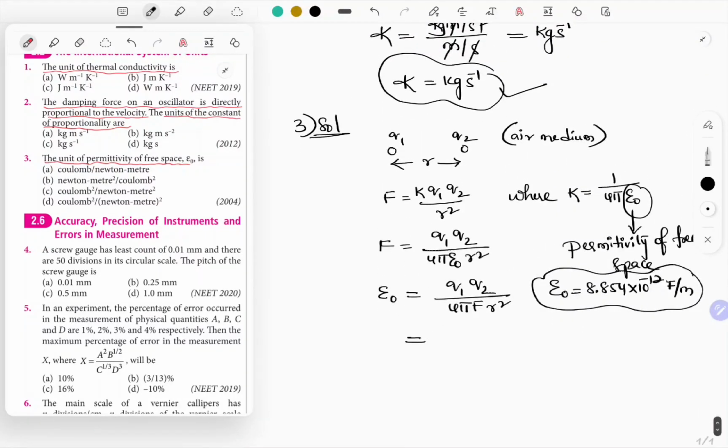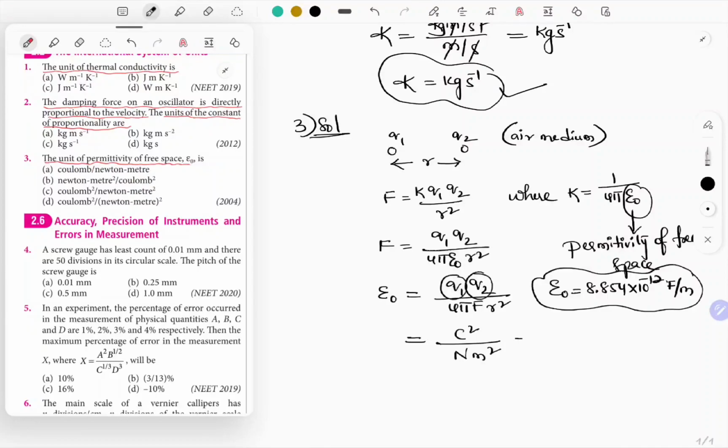It is going to be coulomb into coulomb, so coulomb square. 4 pi does not have any units. The unit of force is Newton, and the distance of separation between those two charges is R square, so it is going to be meter square. Now look at the options.